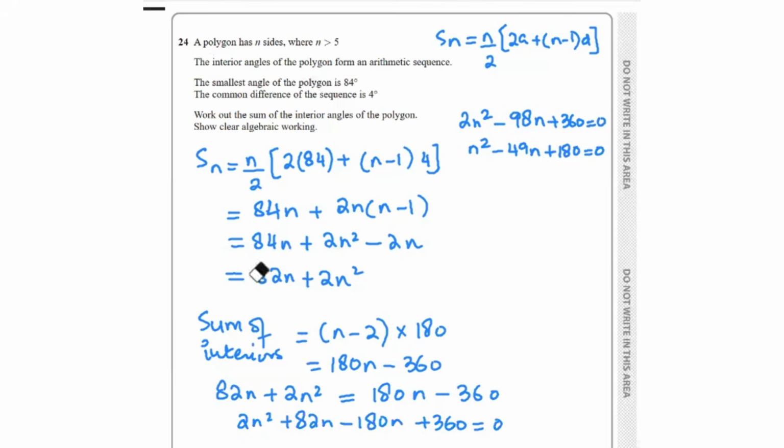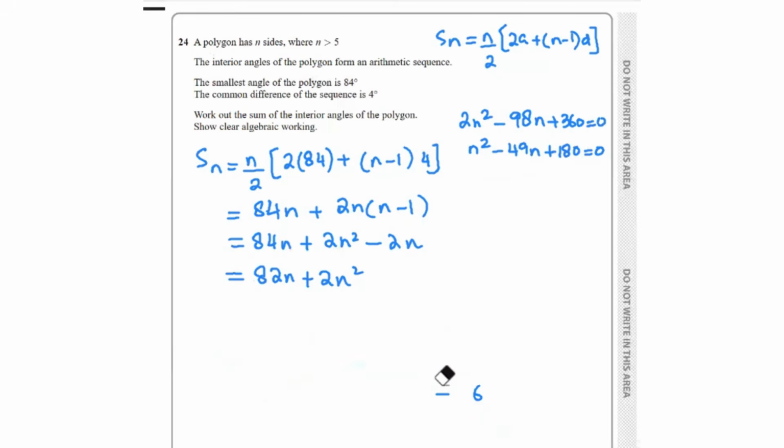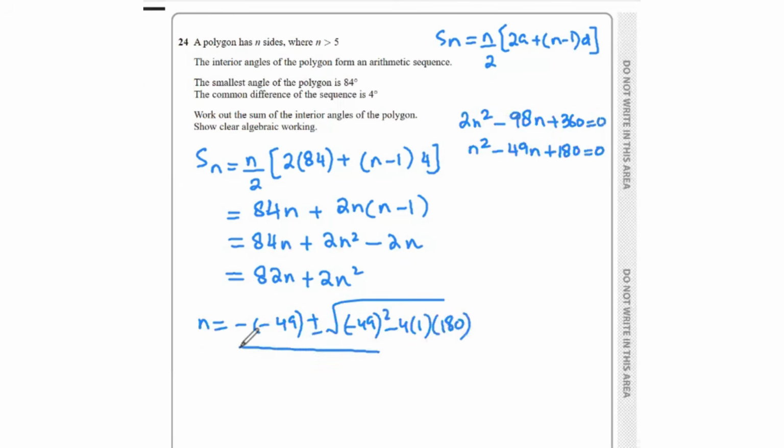So now to solve this quadratic equation, we can use the quadratic formula. I'm going to remove this from here because we need this space. So n equals negative negative 49 plus or minus the square root of negative 49 squared minus 4 times 1 times 180, over 2 times 1. So that's 49 plus or minus 41.